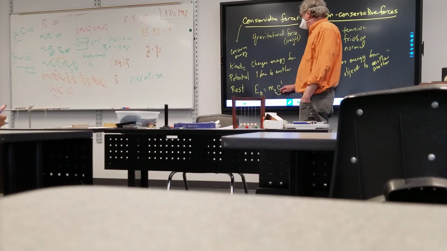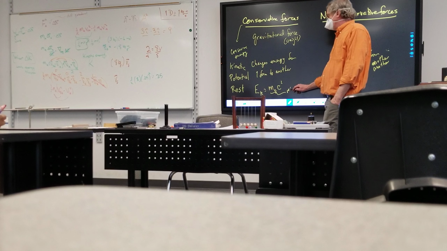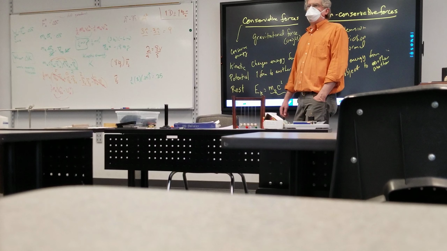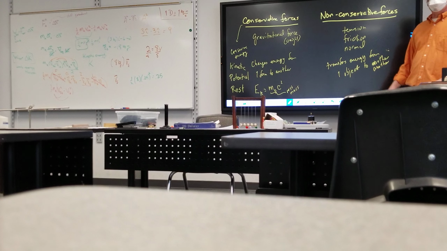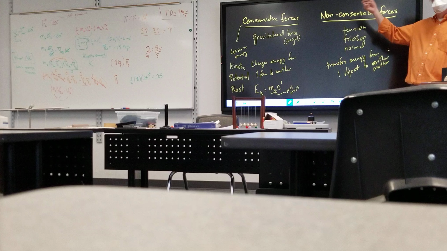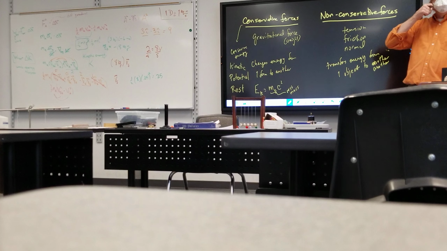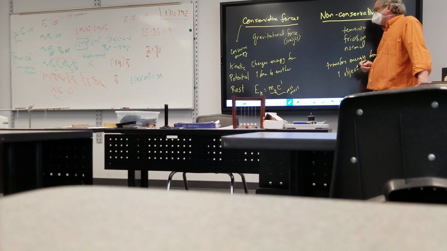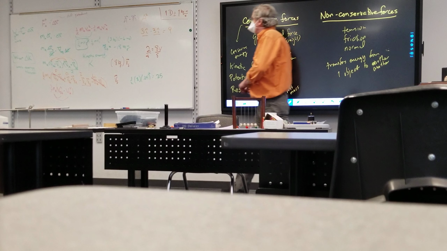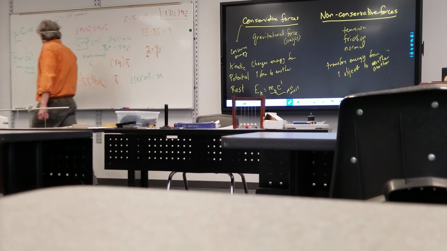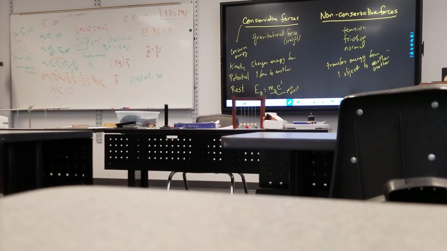And this m sub 0 here means the rest mass. When you have found the mass of objects in lab, that's the rest mass. All right, need some space here. Any questions before I erase this?